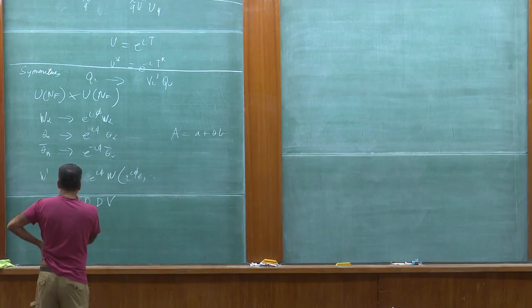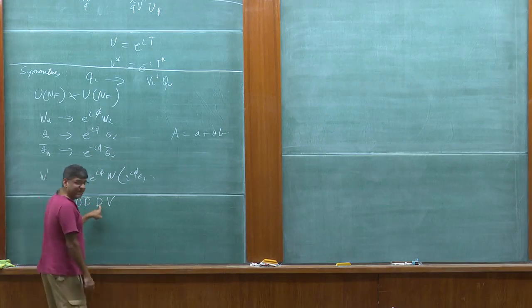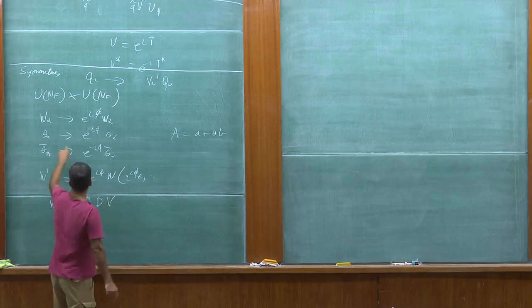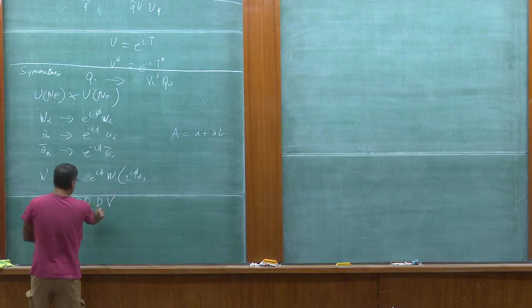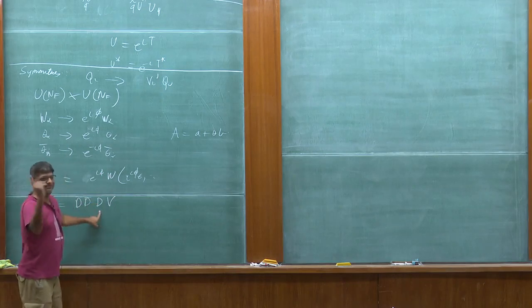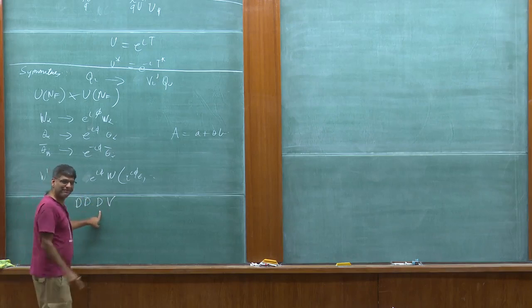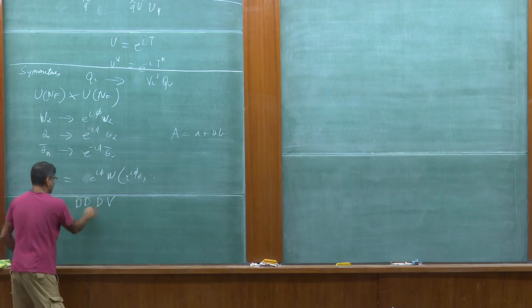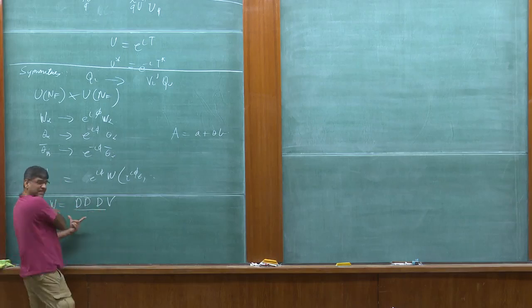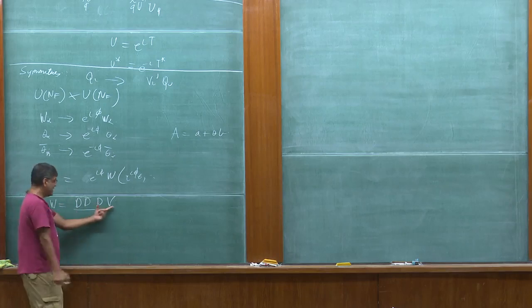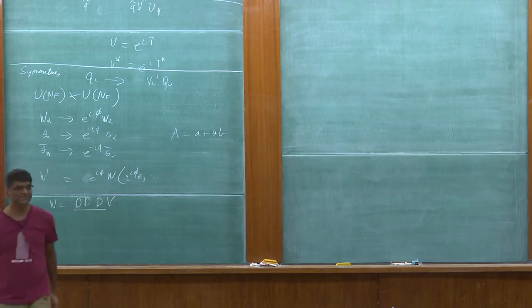W should transform. It's right. Because, let's say that this W has charge plus 1. So D transforms like charge minus 1 because theta has plus 1. So D has charge minus 1. D bar has charge plus 1. So these three carry charge plus 1. So the way this is going to get charge plus 1 is if V carries charge 0.